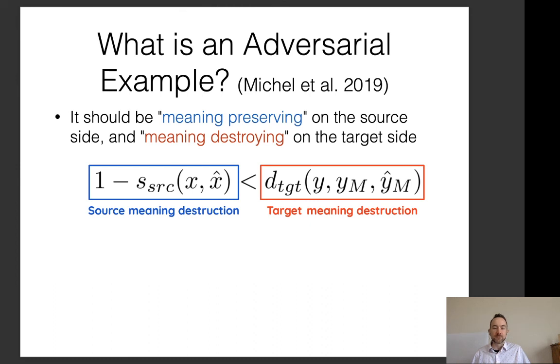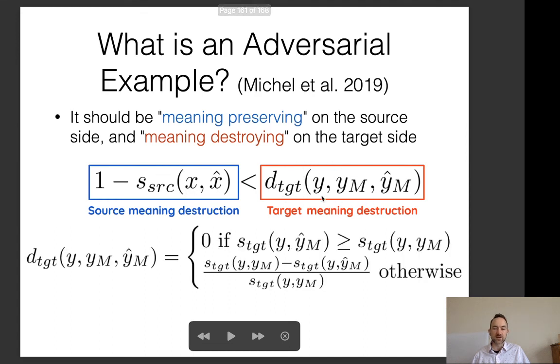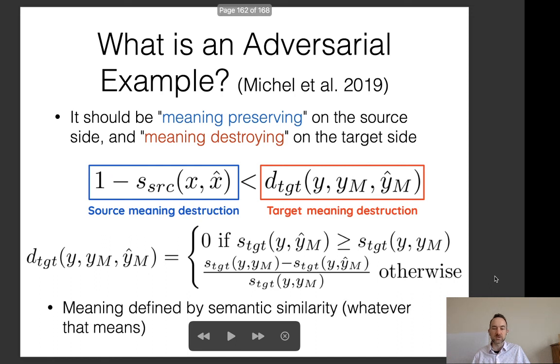So if we have a similarity score between texts, so we have the original text and the modified text, we could have the original similarity between the source and the target, and so we say the source meaning destruction is 1 minus the similarity of the source here, and then the target meaning destruction is this d target, and we can define it basically as the similarity of the target divided by the overall similarity of the target in the original output according to the sequence system, for example, if we're doing text generation.